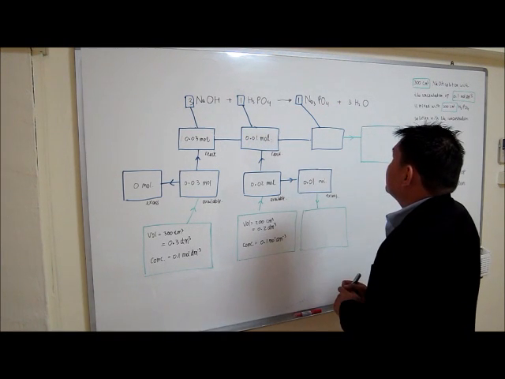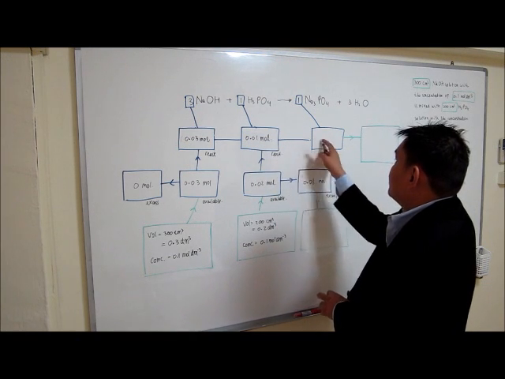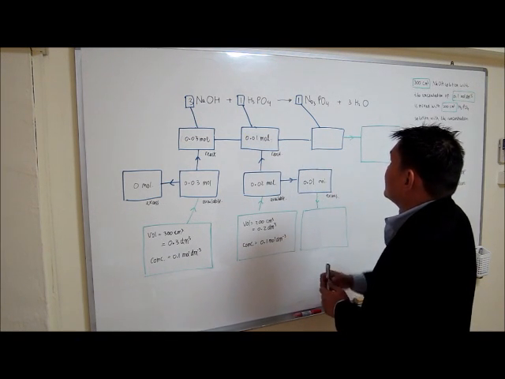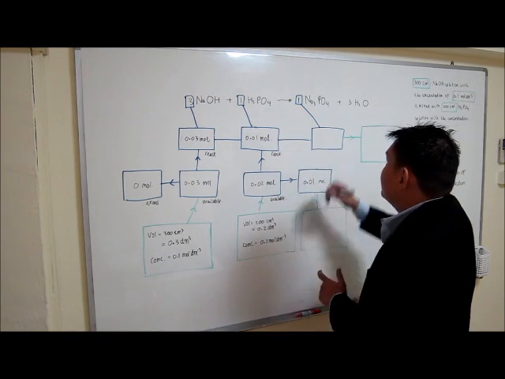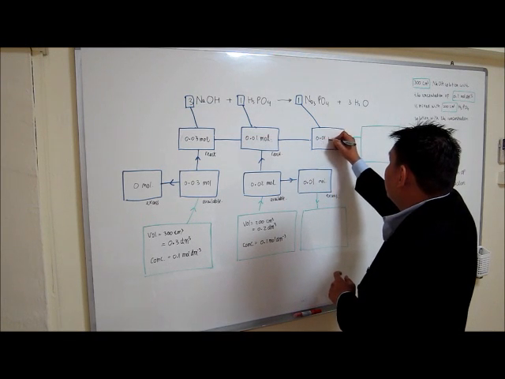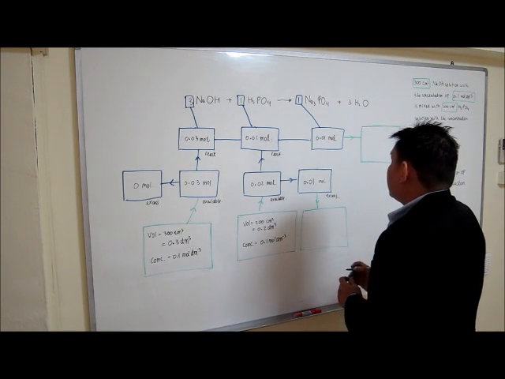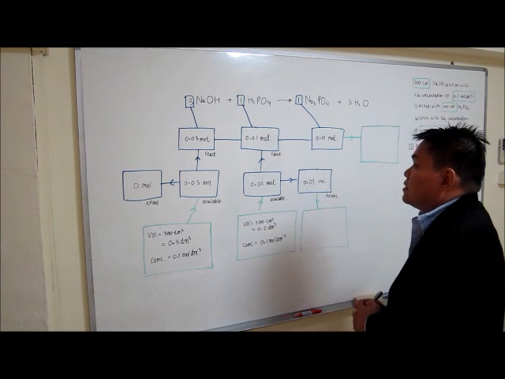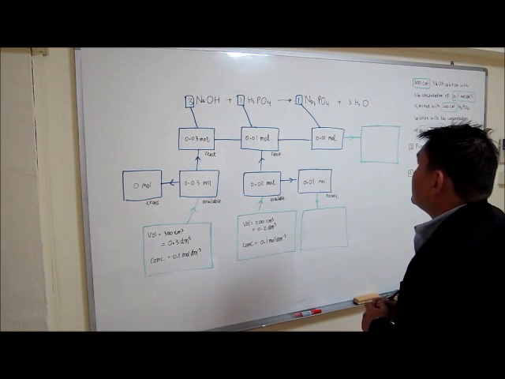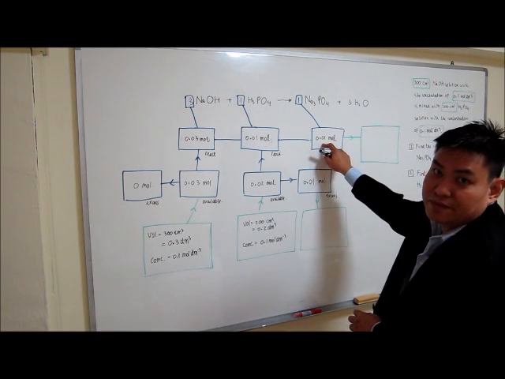So the ratio is 1:1. Remember, empty space means 1. So 0.01 mole here. So it's easy. So we find the mole.